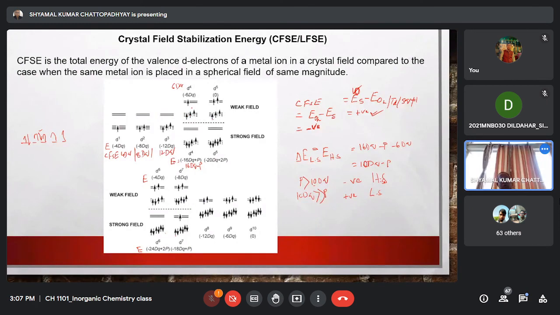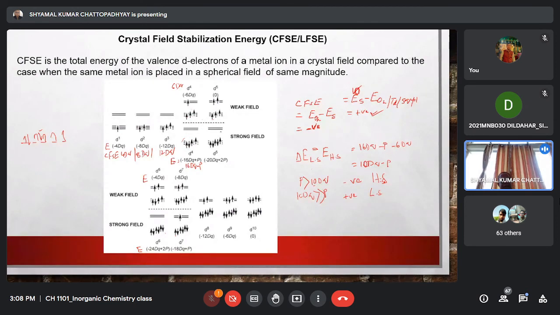So whether it will be high spin or low spin depends on this energy gap and the pairing energy. If the pairing energy is larger than the energy gap, then the stability it gains by putting one more electron in the t2g orbital cannot compensate for the extra pairing energy. And so the high spin configuration will be more stable.